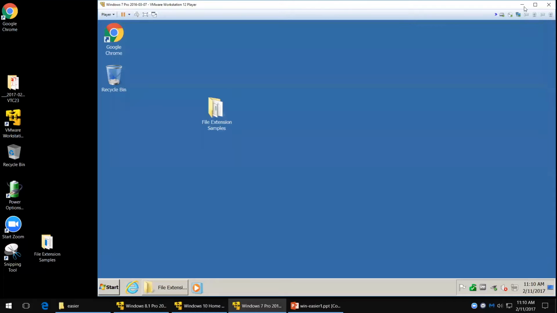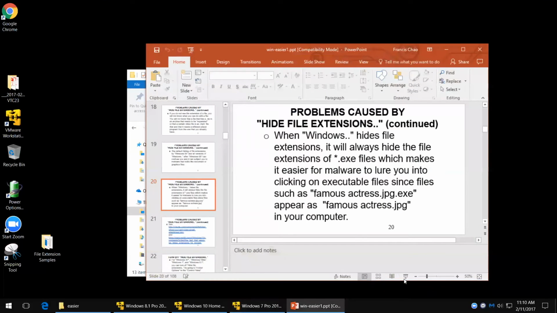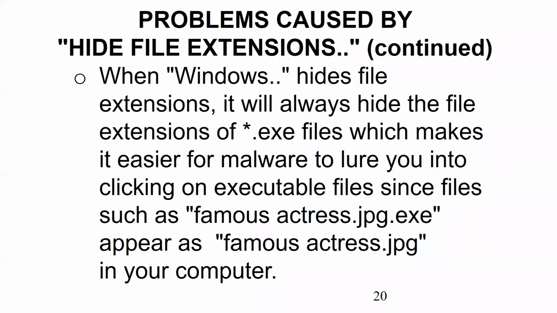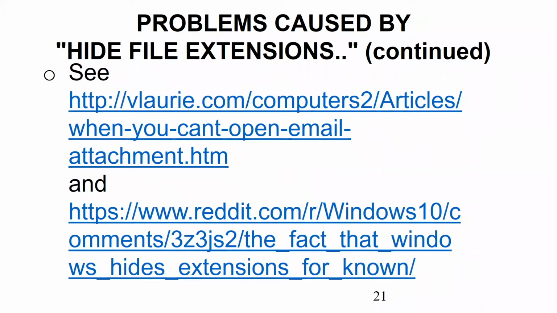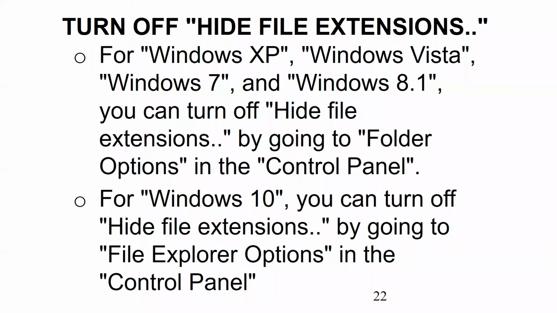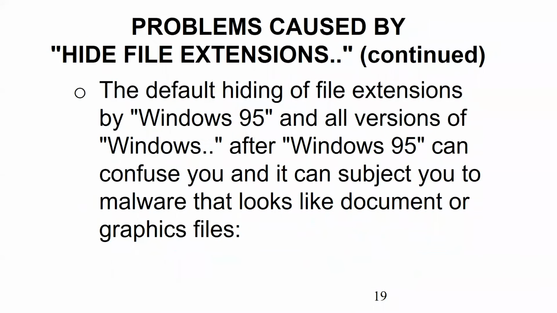Okay, so what else can I tell you about? I'm going to go ahead and go back to full screen. There are a lot of people complaining about the fact that file extensions are hidden. All right, you can resolve this problem.